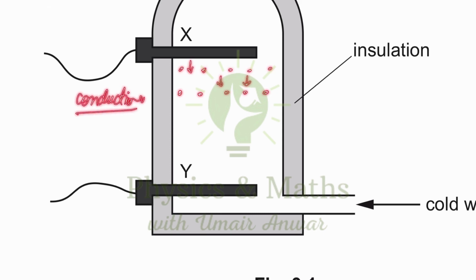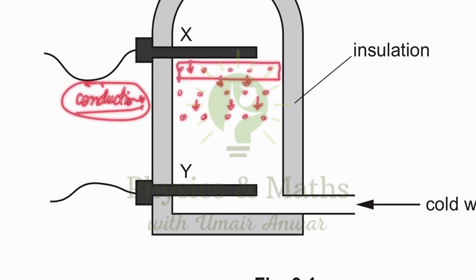When they collide with their neighboring particles, they transfer this energy to them. And this process is called conduction, where the molecules do not change their position, they pass on their energy to the neighboring particles by colliding with them.